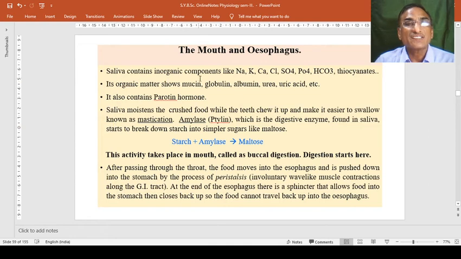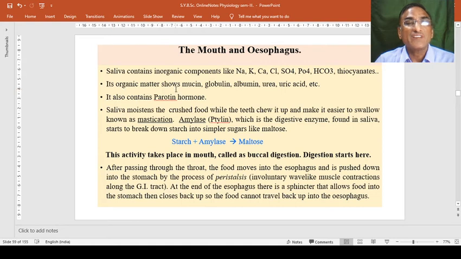Saliva contains inorganic components like sodium, potassium, calcium, chlorides, sulfates, phosphates and hydrocarbons. In addition, it also has thiocyanates. These are the chemical elements which take part in the digestion. So these are the salivary contents, we can say.